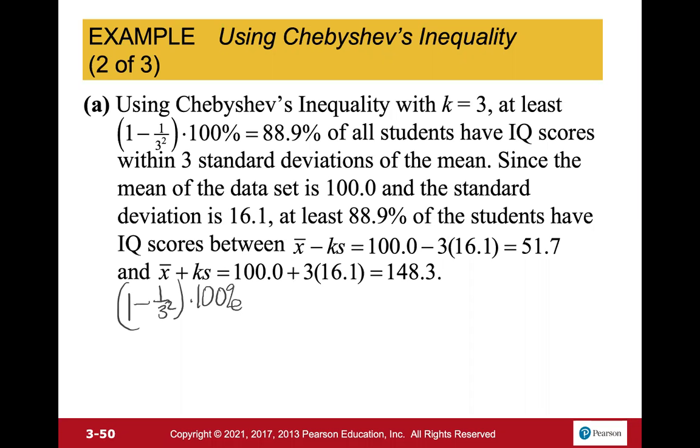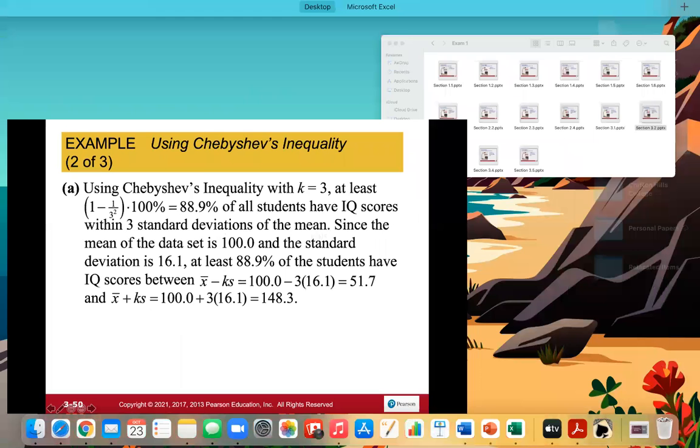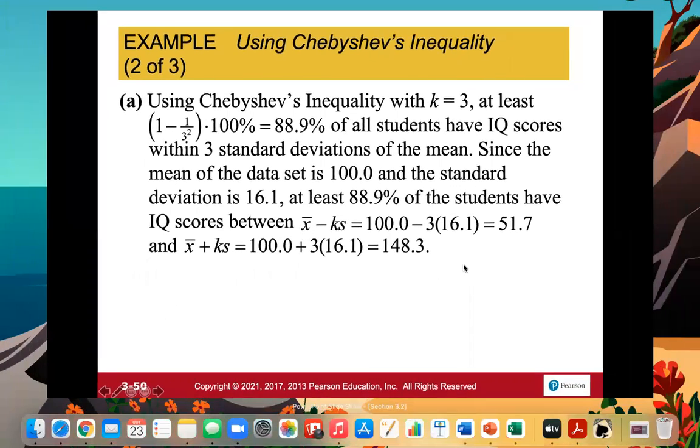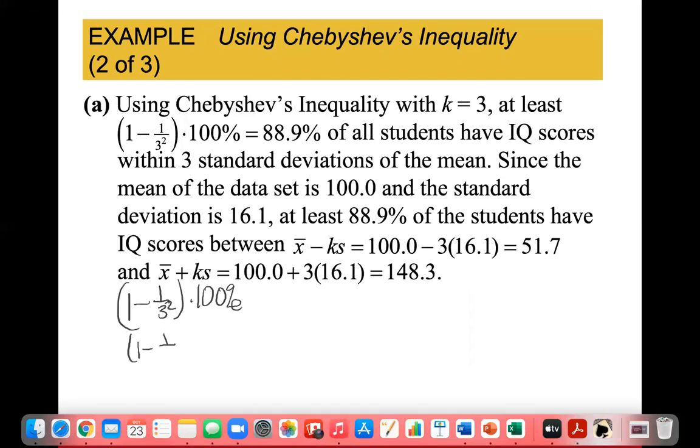So here we have 1 minus 1 over 3 squared. We could find that by using a calculator and finding out the square.